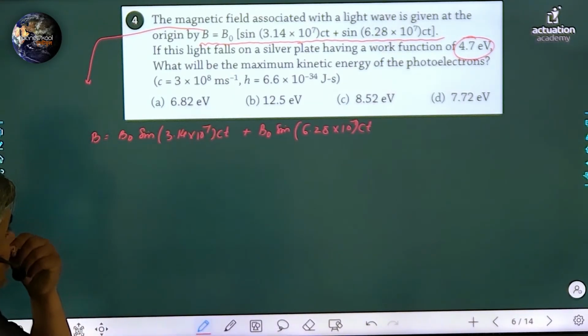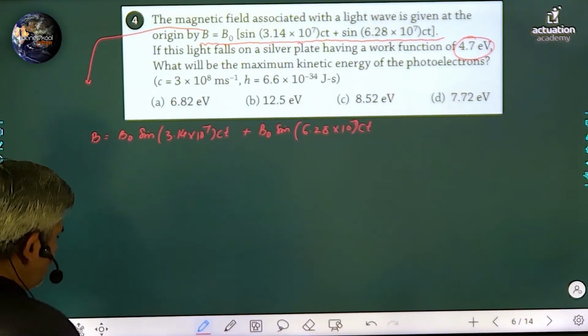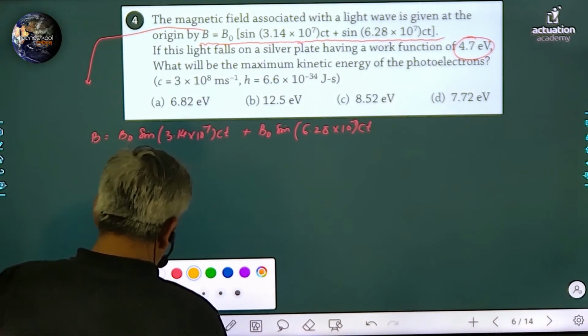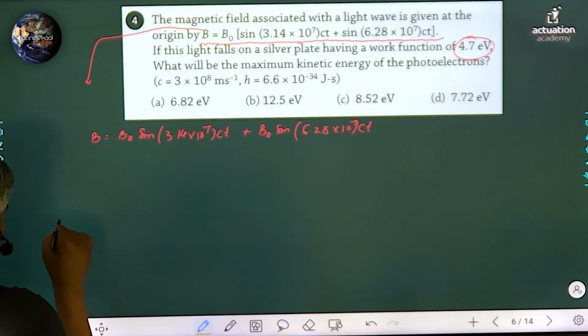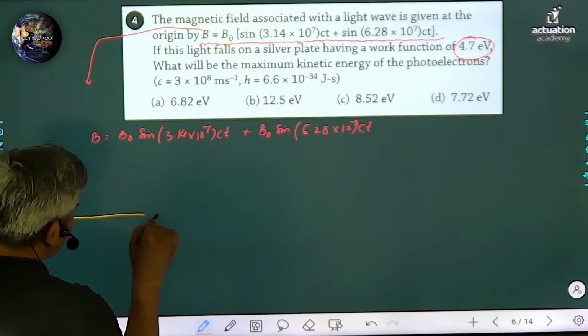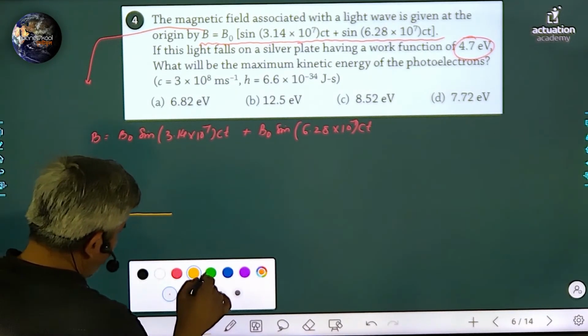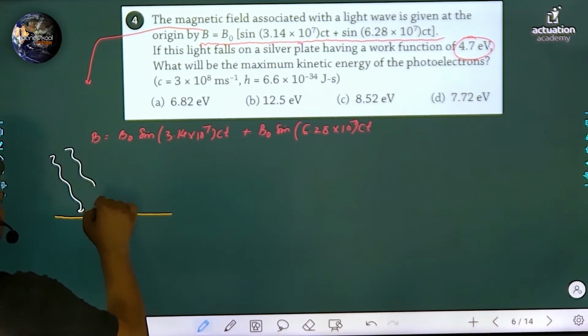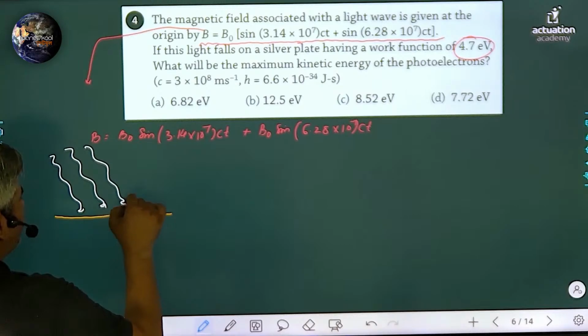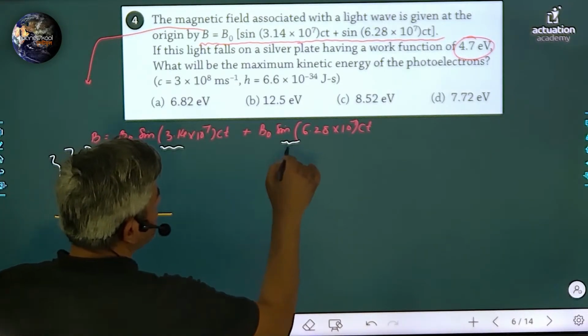Now we can simply write down that there is a silver plate and the light incident on this plate has these two magnetic fields.